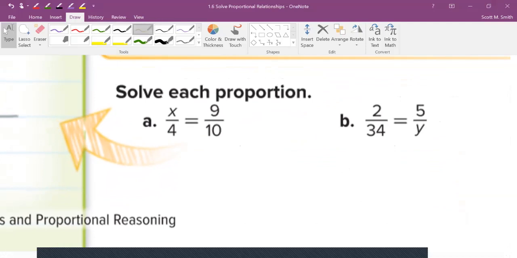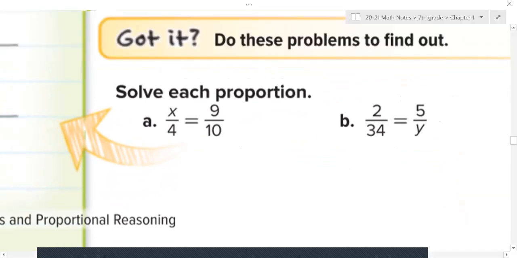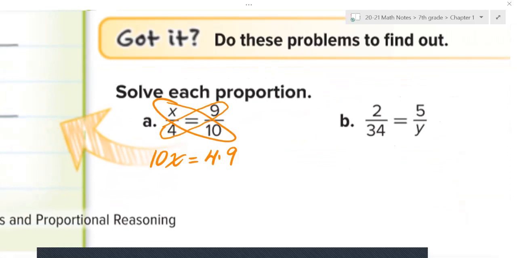So I have x over 4 is equal to 9 over 10, but I want to find out what is the value of x that will keep that proportion true. I need to cross multiply, so I have 10x is equal to 4 times 9. Now, you won't necessarily have to write out 4 times 9 to show your work. You can just do that in your calculator, but because I'm demonstrating this, I wrote 4 times 9.